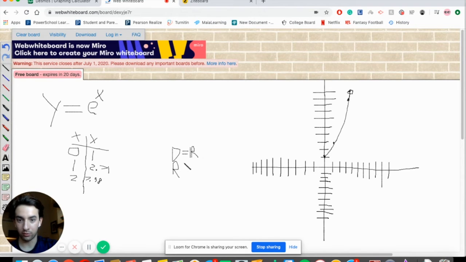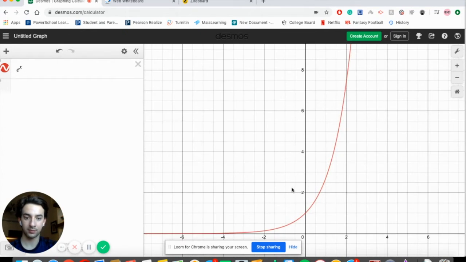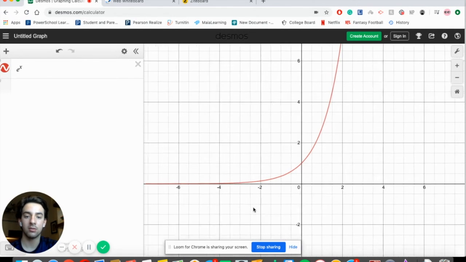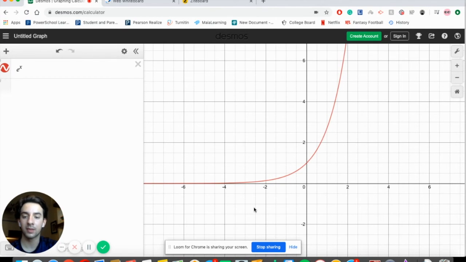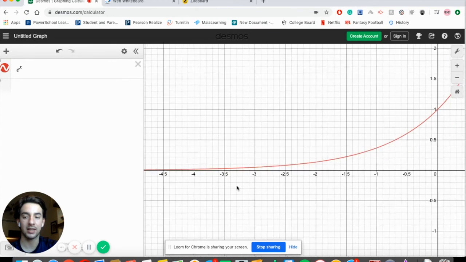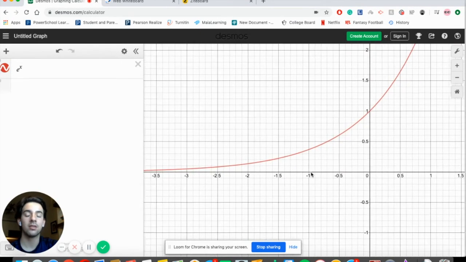And then for the range, if we go back to the graph in Desmos, we see that on the left-hand side, where the negative numbers are, the function seems to be touching the x-axis, although it actually never does. It is approaching 0, but it never actually does.